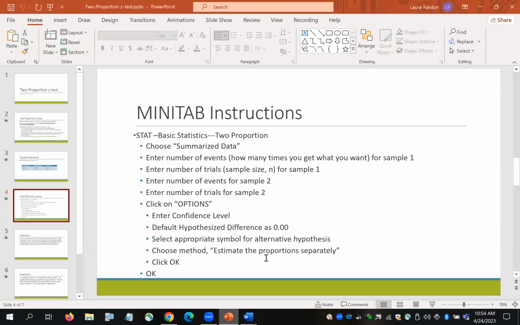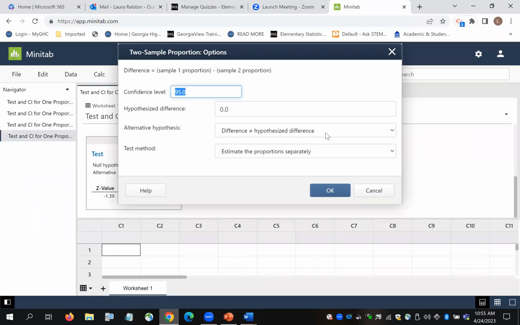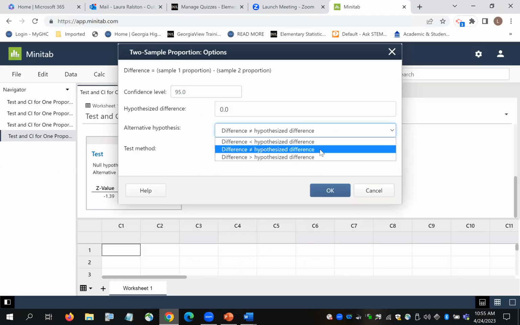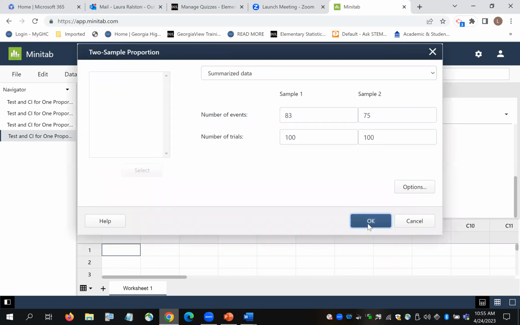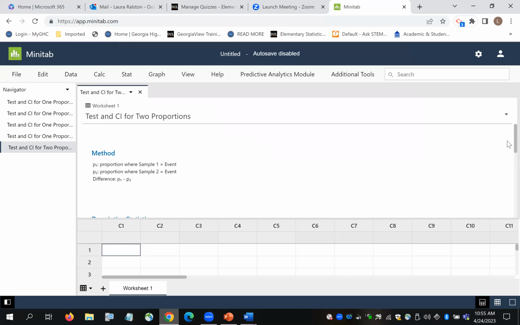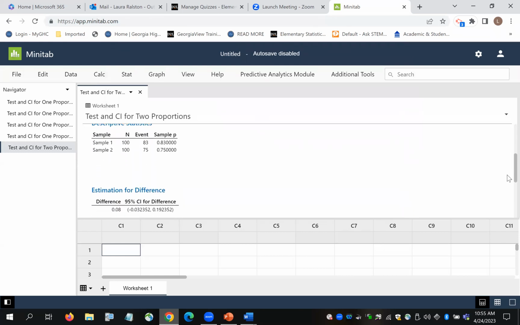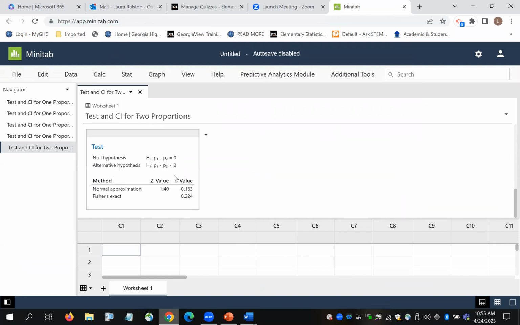We're going to estimate the proportions separately. It'll be that way every time. I click OK. You have to scroll down to get your results.